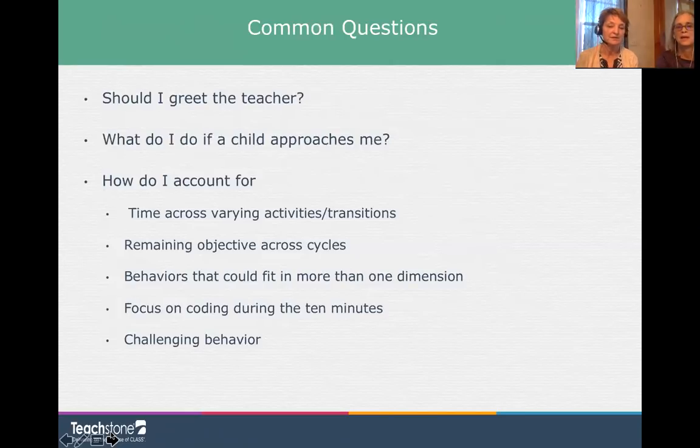What about if you've got behaviors that fit in more than one dimension? What do you do with that? Well, I usually write them down in the first dimension that occurs to me, and then when I'm in that 10-minute cycle, I review them all and I'll make arrows.